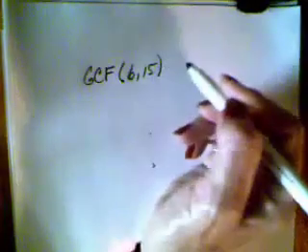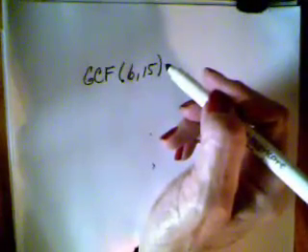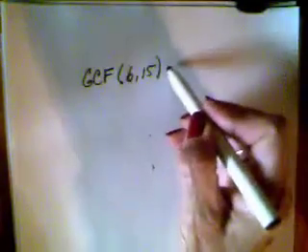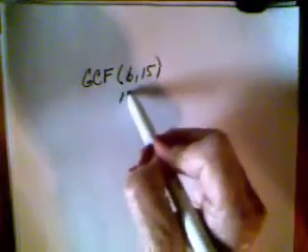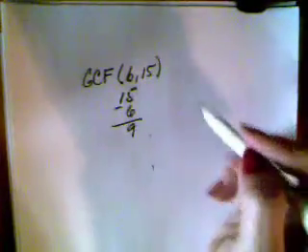Alright, let's say that I ask that you find the greatest common factor for 6 and 15. Now I'm going to use our shortcut method that we talked about. I'm going to subtract 6 from 15 and I get 9.